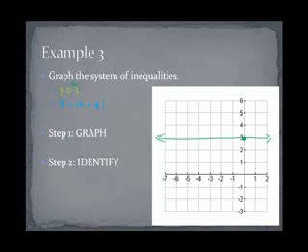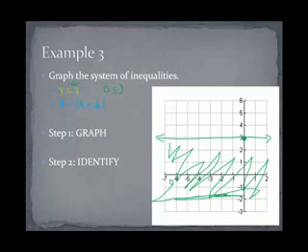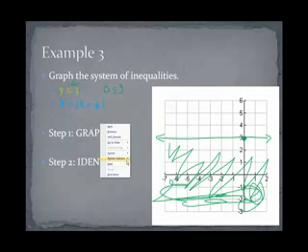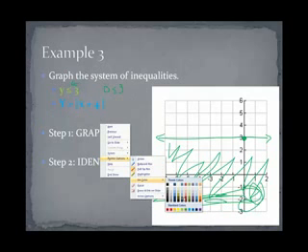I'm going to test the point 0, 0. I'm going to plug in 0 for y, and then I'm going to plug in 0 for x. There is no x, so I don't need to worry about it. We ask ourselves, is 0 less than or equal to 3? Yes, it is, so I know that I'm shading down in this region, down here. And I get this whole area. You're going to want to do your shading a little bit light just to make sure that you can see it all.